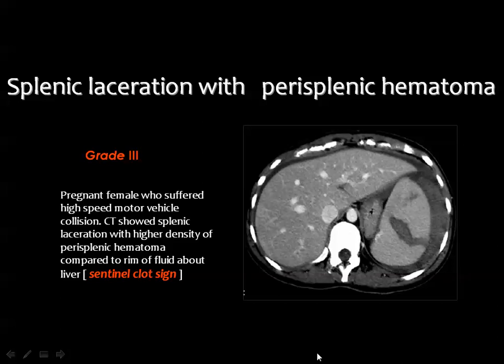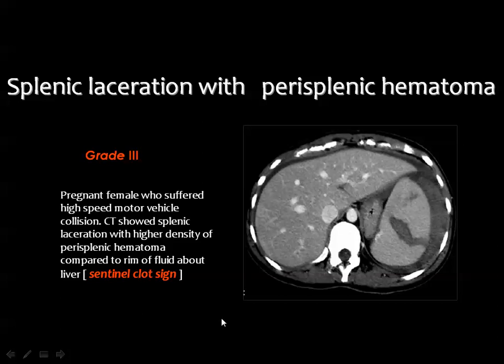And as I have said, whenever you see fluid in the peritoneal cavity after blunt abdominal trauma, you should expect internal bleeding. And in order to know the site of the bleeder, or sometimes you cannot identify a specific injury in a solid organ, you can identify the most likely site of the bleeding by what's known as the sentinel clot sign.